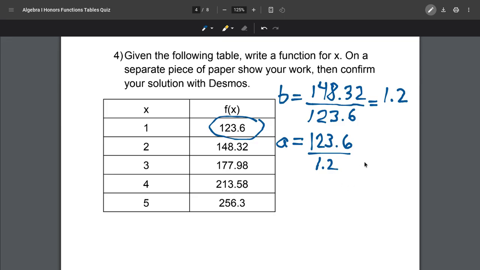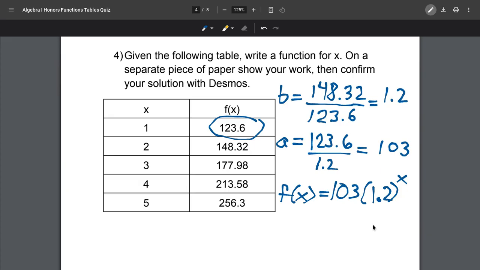And we get 103. So my function f of x equals 103 times 1.2 to the x power. And that's the function for number 4.